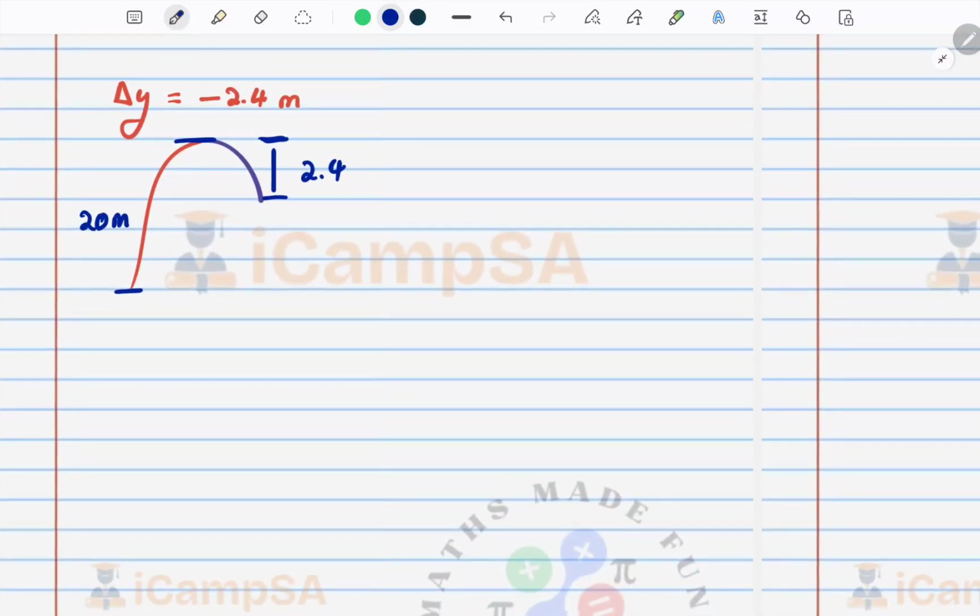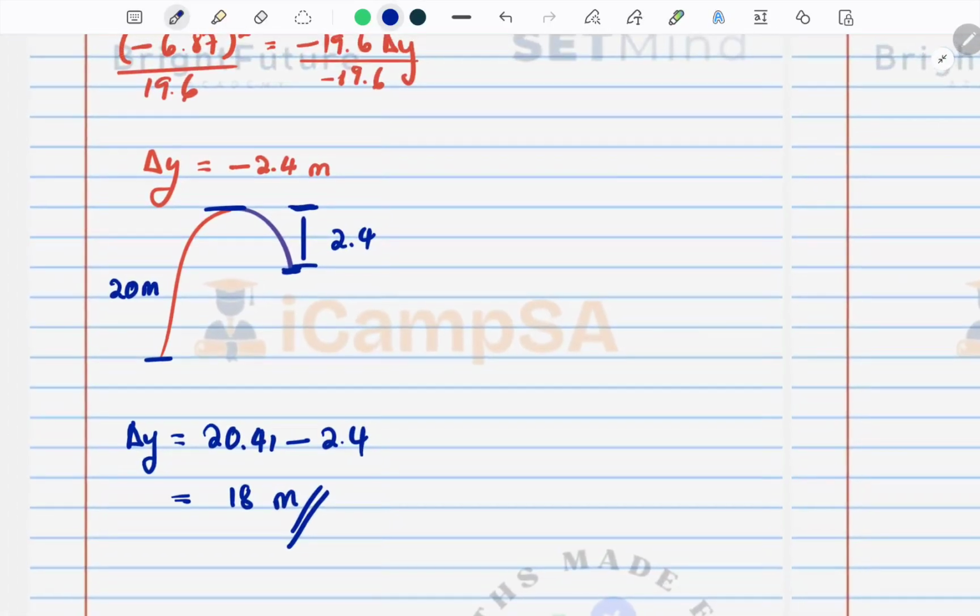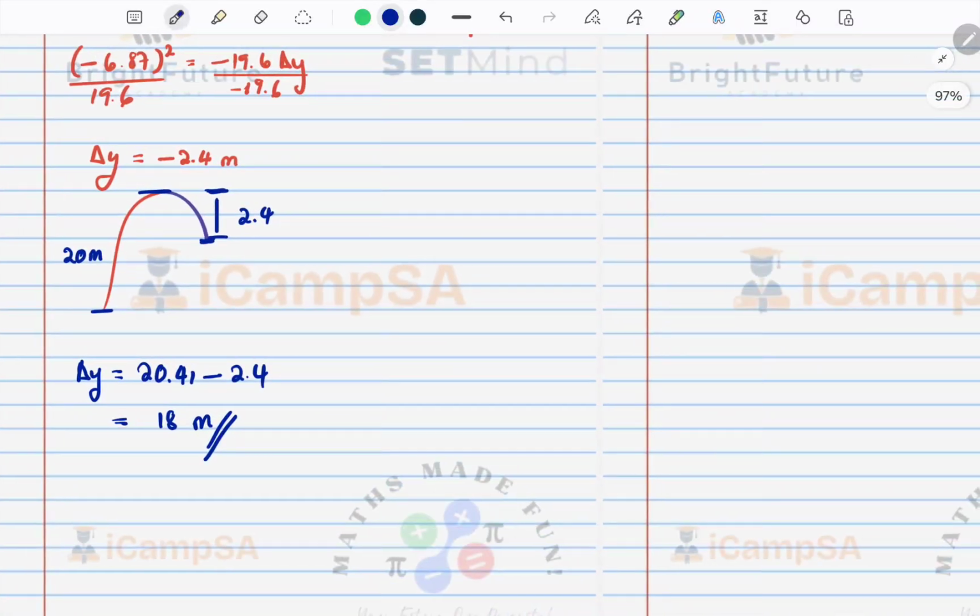So that means your final answer is going to be delta Y equals this 20.41 minus 2.4. Okay, and then you're going to get 18 meters. This is what you get.